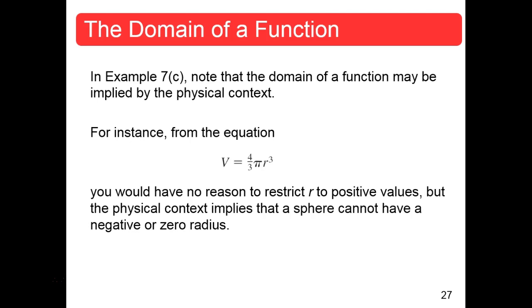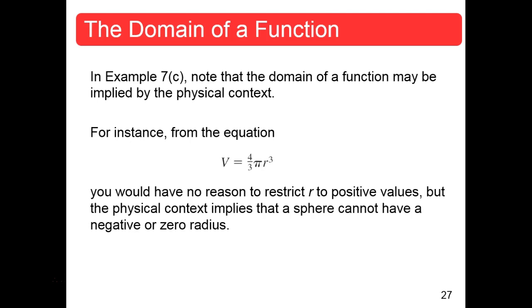In example 7c, note that the domain of a function may be implied not by the location of the variable, like in the denominator or in a radical, but implied because it's a physical quantity. Can't be negative, okay? So for that equation, you'd have a reason to restrict R to positive values.